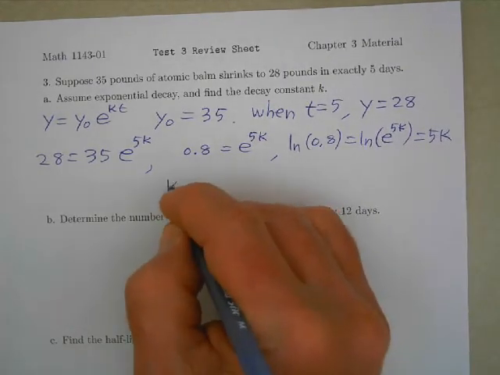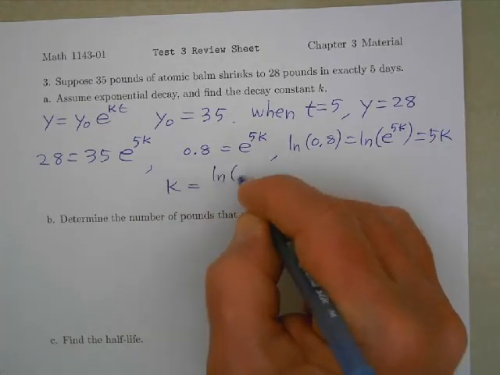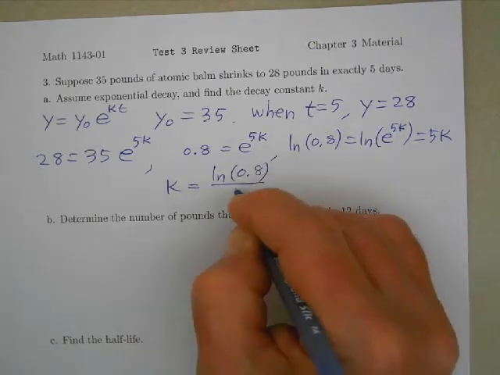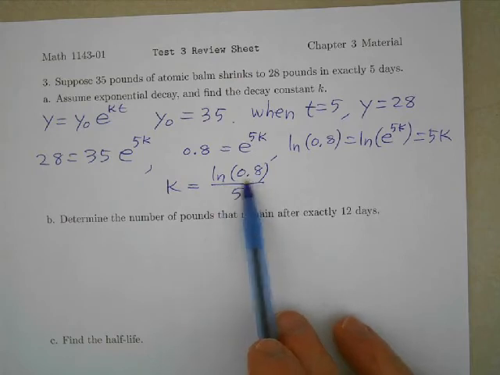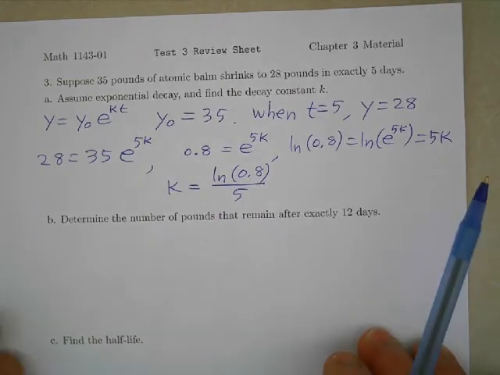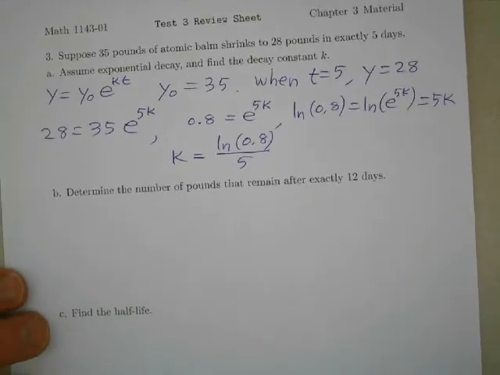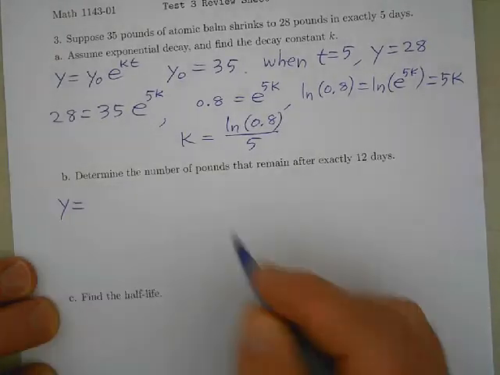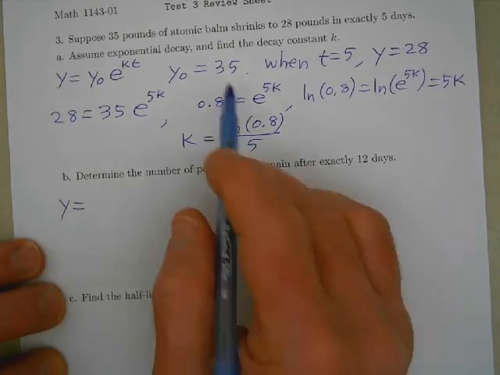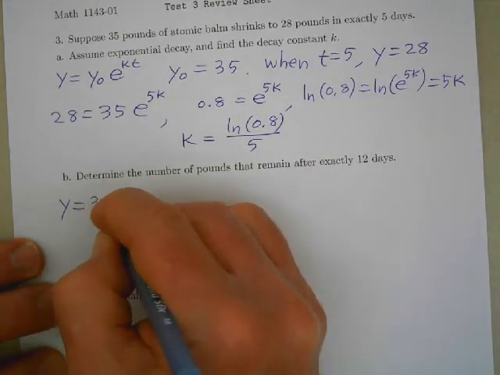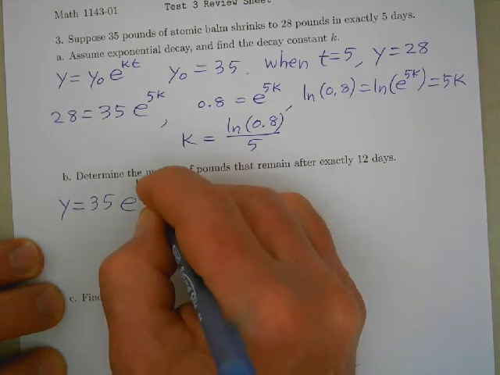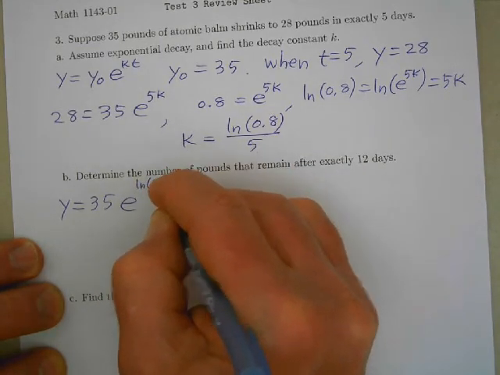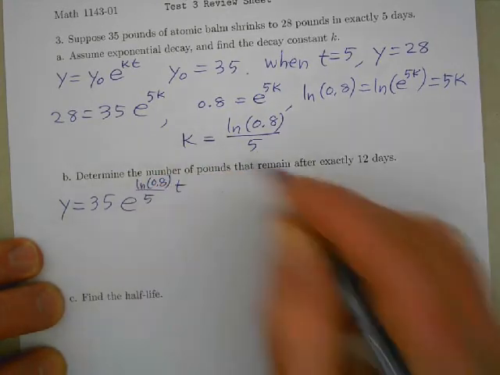And so the decay constant is the natural log of 0.8 divided by 5. And this is a negative number. You should know that the natural log of a number between 0 and 1 is negative. So this is a negative number for the decay constant. And so now we'll write the function y equals the initial quantity 35 times e to the kt, but now we know that the k value is the natural log of 0.8 divided by 5, times t.